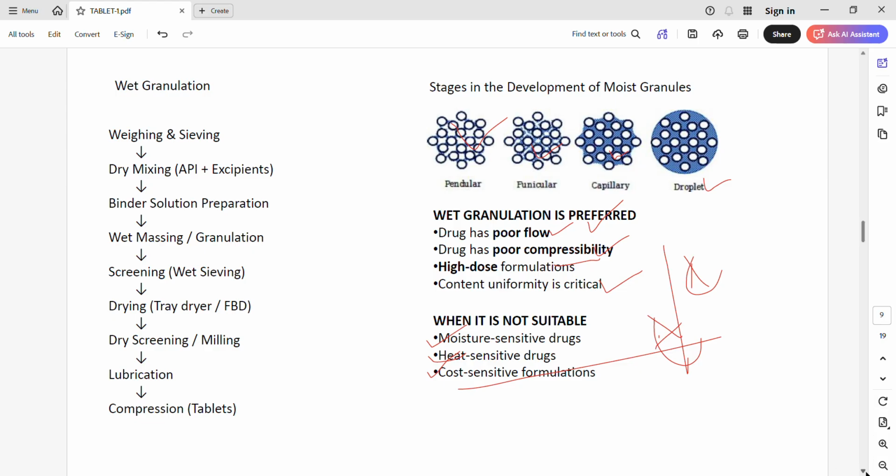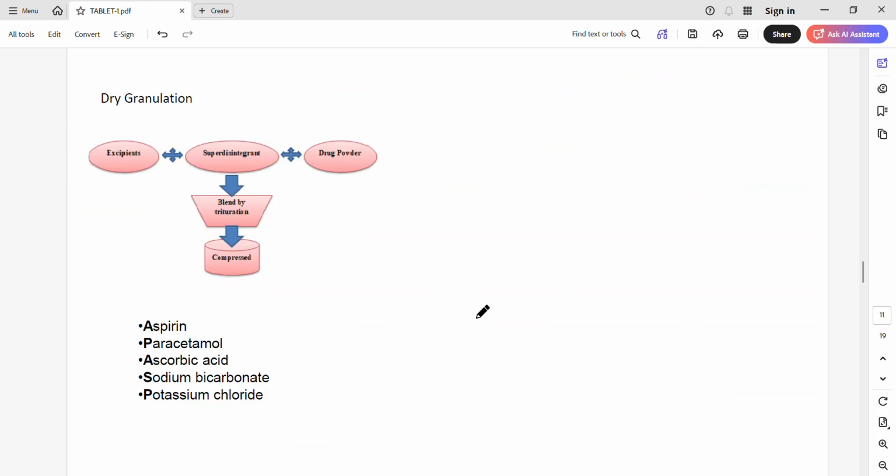Now we come to dry granulation. For an API which is sensitive to heat or moisture, we use dry granulation. In dry granulation, the steps are: at first we do milling.